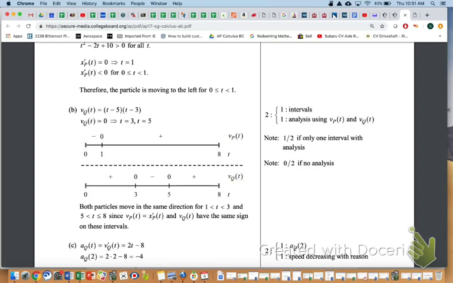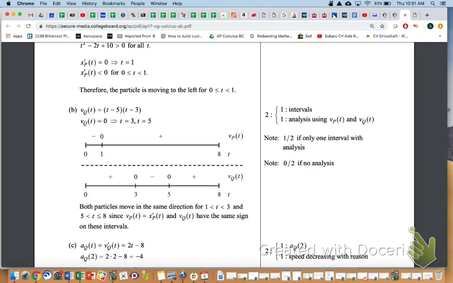Right, so if you have both intervals and you have supplied the reasoning of, hey, both velocities are positive or both velocities are negative, you're good. What they're basically saying is that you can get half credit if you had just one of the two intervals, but your reasoning was good.